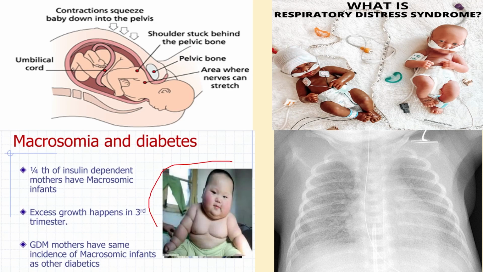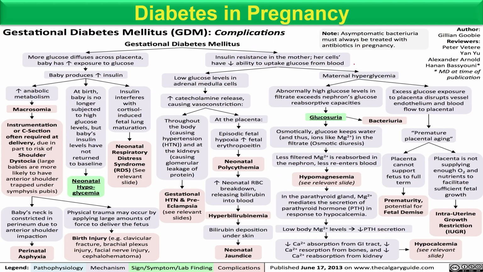In this picture, you can see the macrosomic big baby, and here shoulder dystocia, meaning the shoulder is behind the pelvic bone. Respiratory distress syndrome, and you can see here, look at the lung, the immature lung. How these complications are happening, this is actually a summary of that. High insulin, which is anabolic, causes macrosomia, meaning a big baby, causing shoulder dystocia and also perinatal asphyxia.